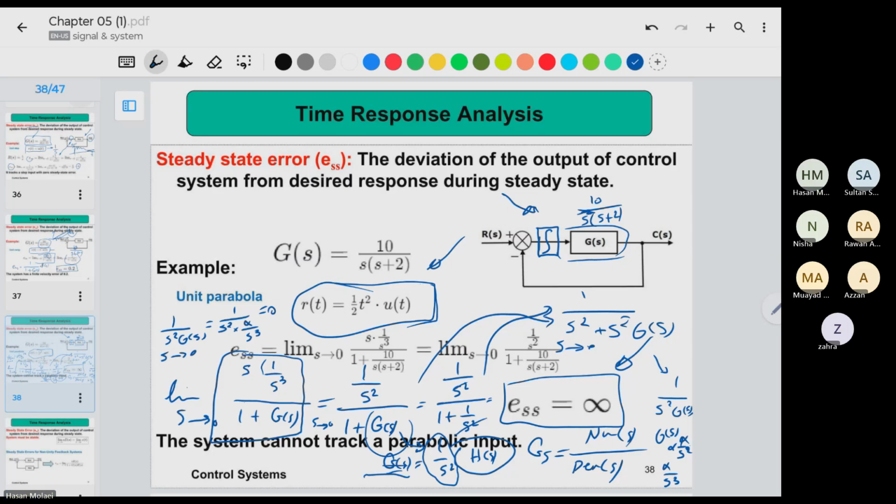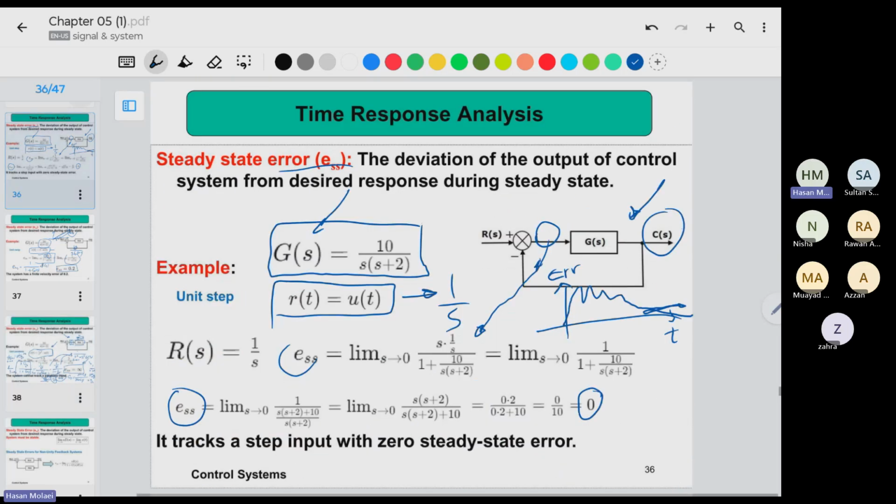So this system originally, let's go back to the step, has one integrator internally, right? 1 over S. So 1 over S is enough for following the unit step signal with 0 error, as we saw here. Because internally the system has one integrator inside.